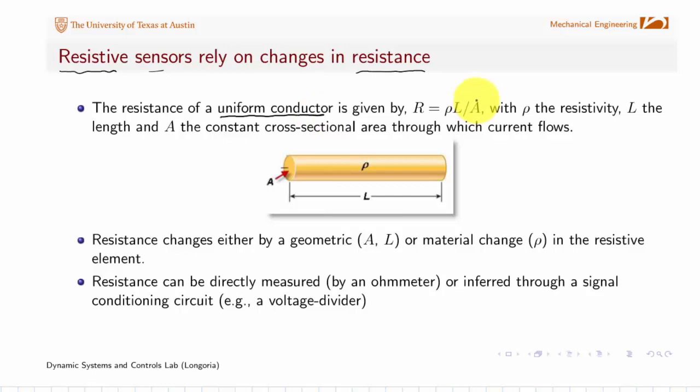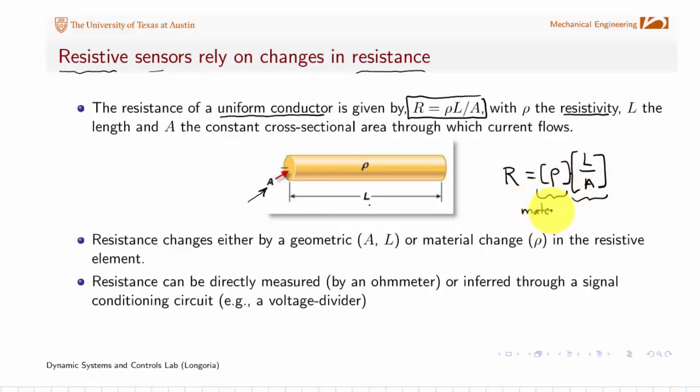If you recall from your physics class or electric circuits class, for a uniform conductor that has some uniform area A, where rho is the resistivity of the material, and a length L, the resistance depends on rho times the ratio of L to A. Sometimes you can conceptually think of all physical parameters as being formed by a material quantity and a geometry.